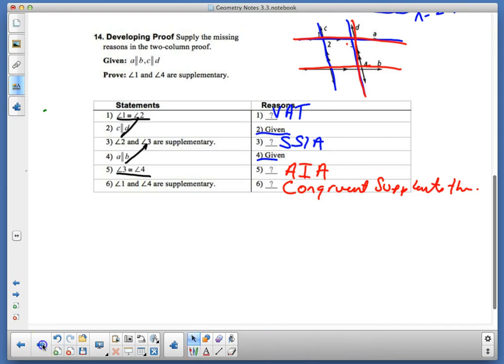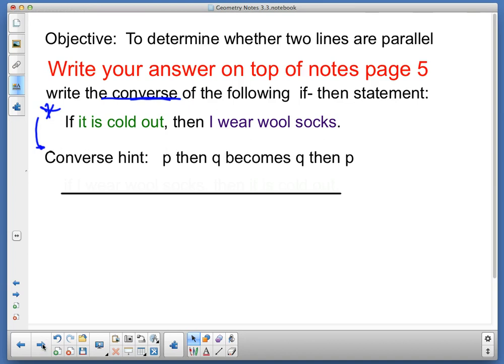Now, next thing, as you're handing up your stuff, I want you to open up your notes to page 5.